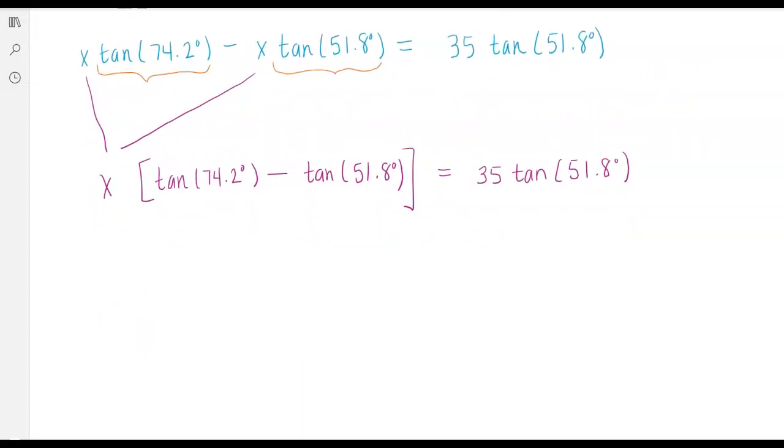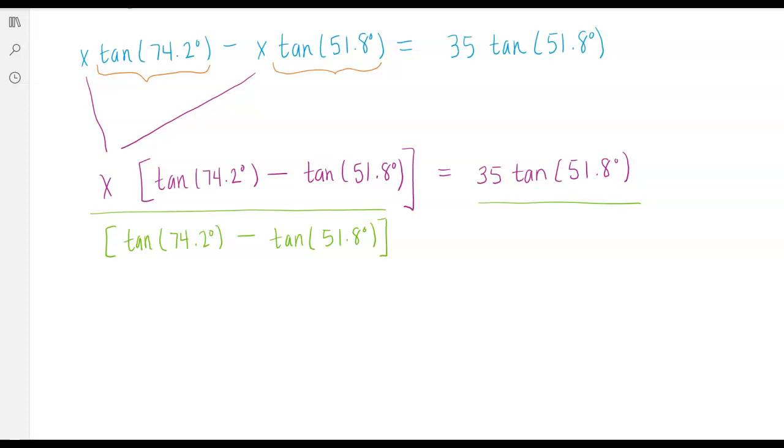I know this looks really complicated, but this whole thing is just a number being multiplied by another number. And because I want the x by itself, I'm going to divide both sides by the item that I'm trying to remove. So I will divide both sides by this whole complicated thing in brackets: tangent 74.2 degrees minus tangent 51.8 degrees.